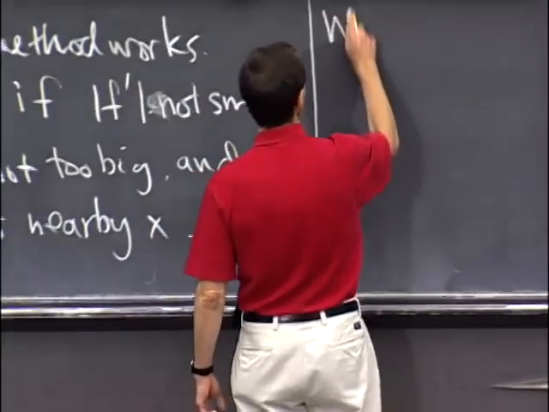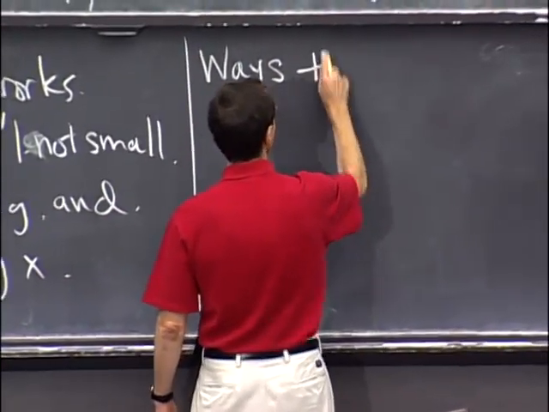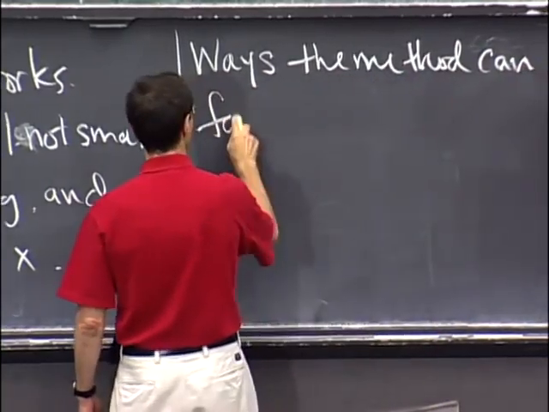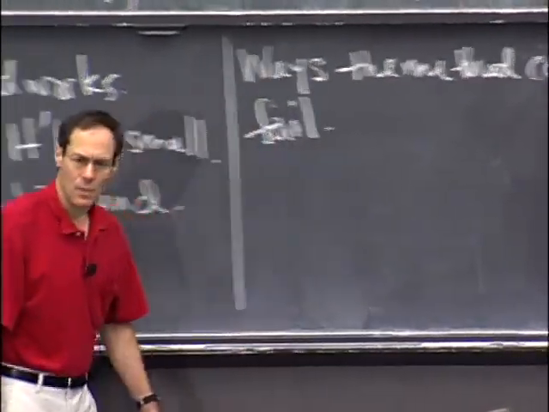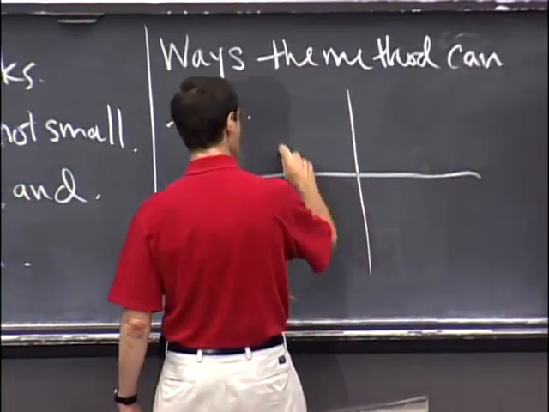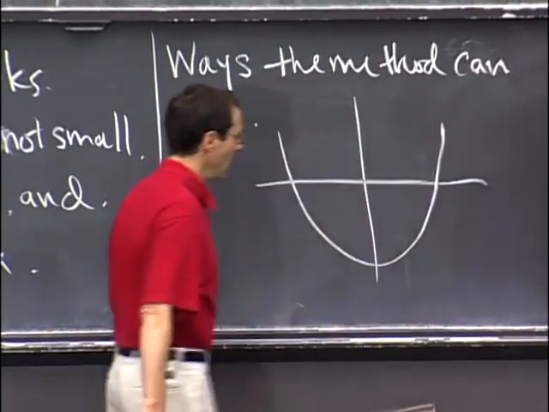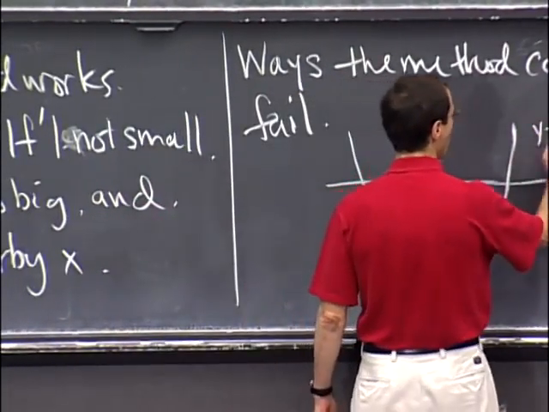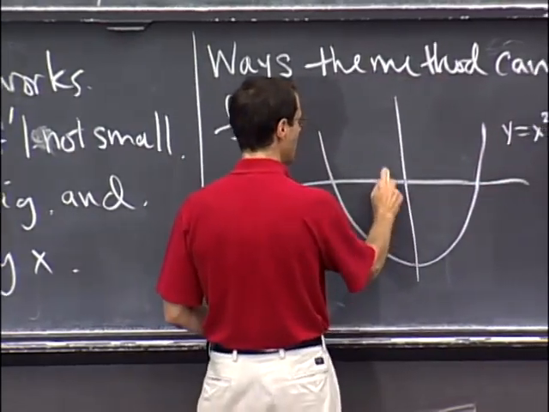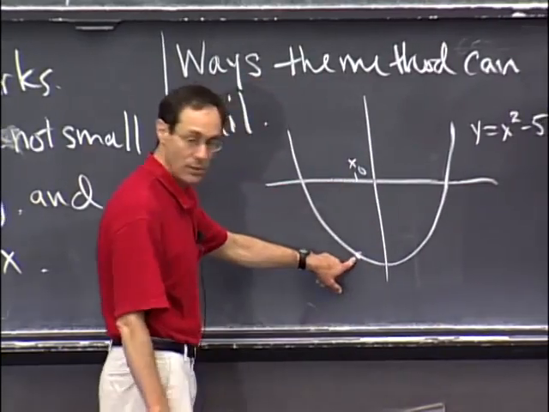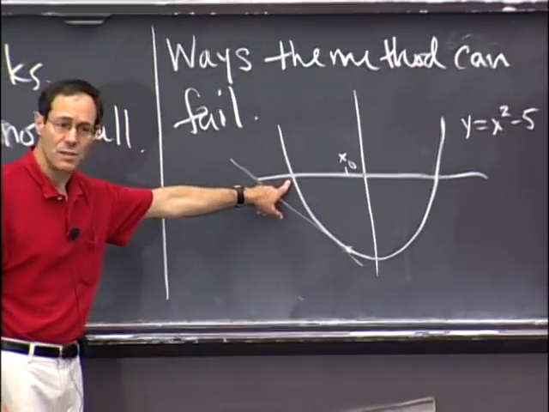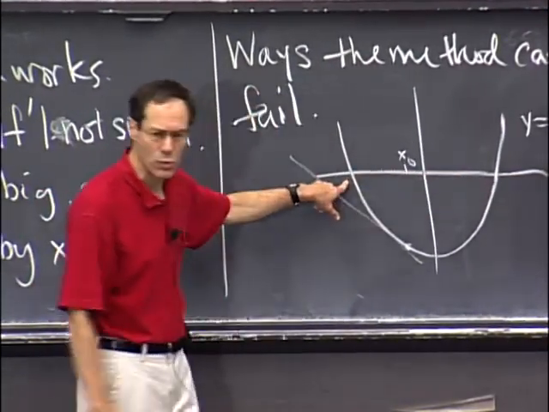So there are ways the method can fail. And one example, which actually would have happened in our example from last time, which was y equals x squared minus 5, is suppose we'd started x0 over here. Okay? Then this thing would have gone off to the left, and we would have landed not on the square root of 5, but the other root.